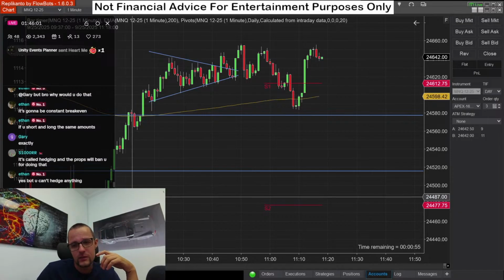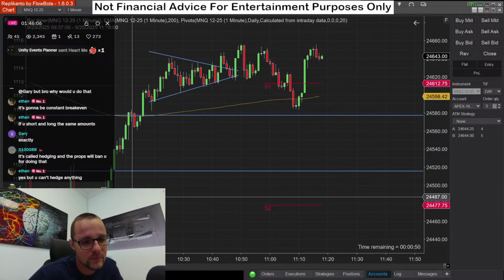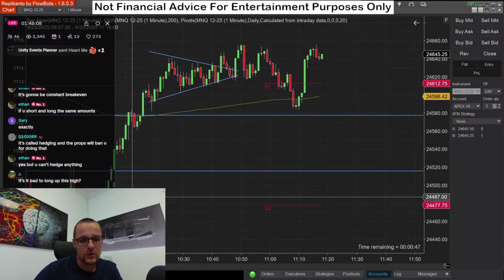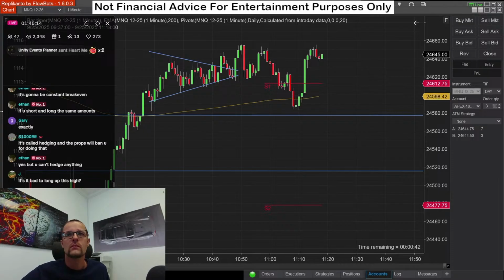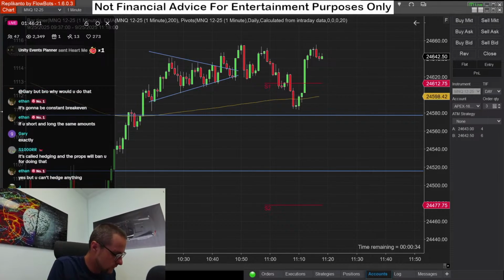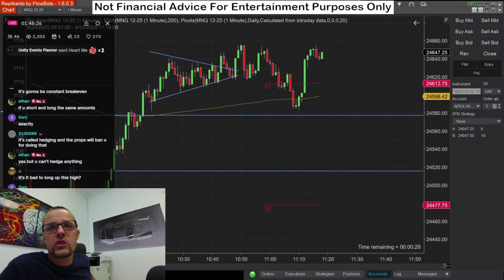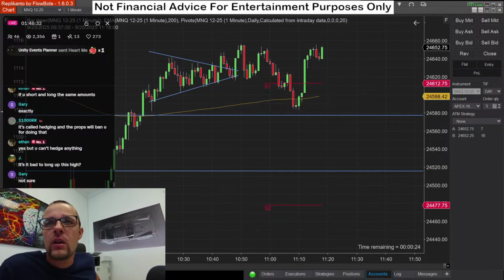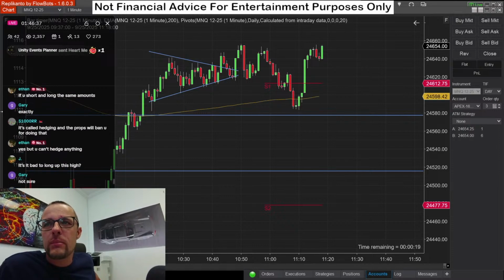Oh, they will? Okay. So, yeah, don't do that with prop firms. Are you allowed to do it in the actual market, though? Yes, hedging is generally allowed and widely used in financial markets as a risk management tool, though its legality and specific rules can vary by country and broker.